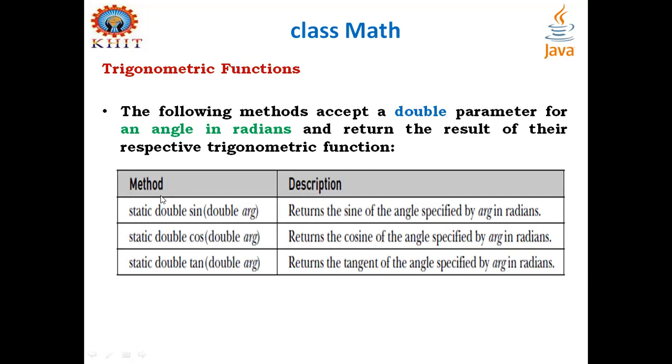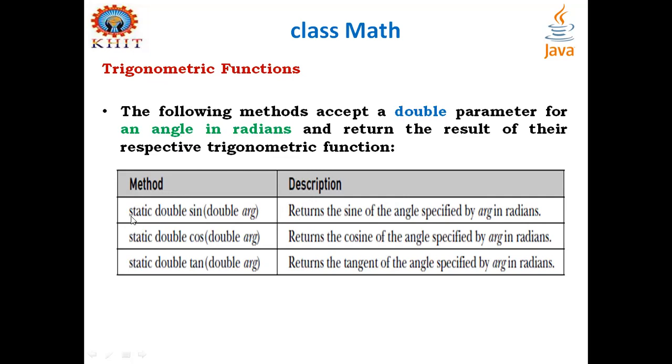As you observe here, from the trigonometric point of view, sine, cosine, tan take the parameter value as an angle in radians. It takes this input as an argument specific to these trigonometric functions, and it returns the result of the respective function, right?